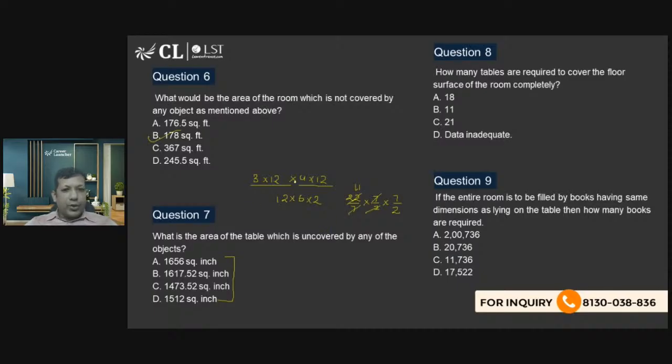So it is going to be 12 into 12 into 4. Can I take something in common in the first one and second one?